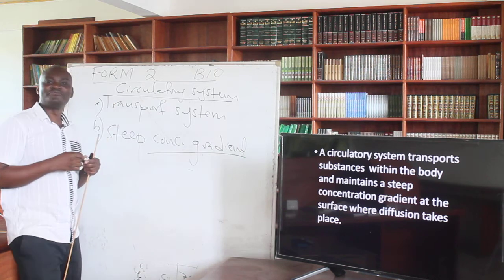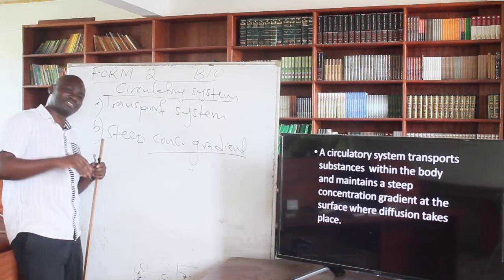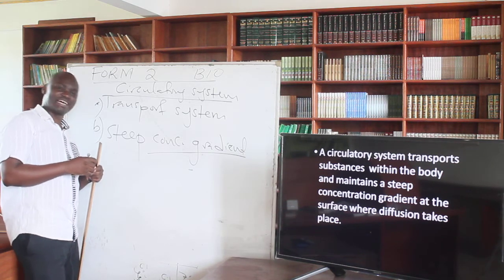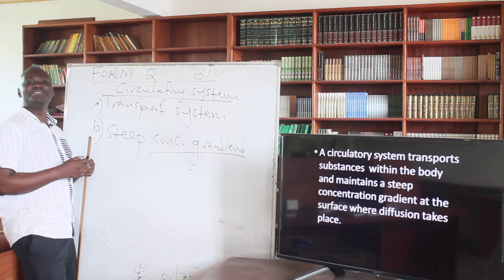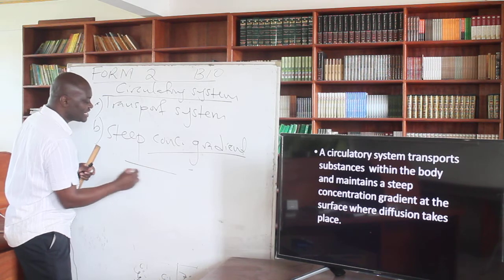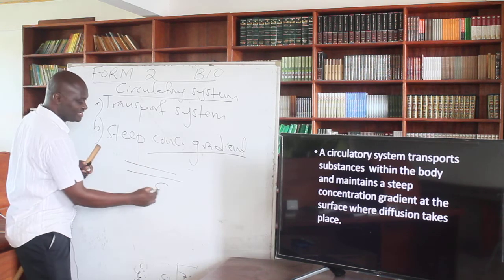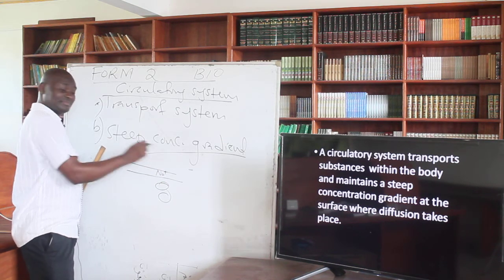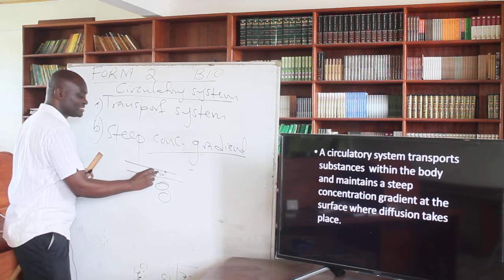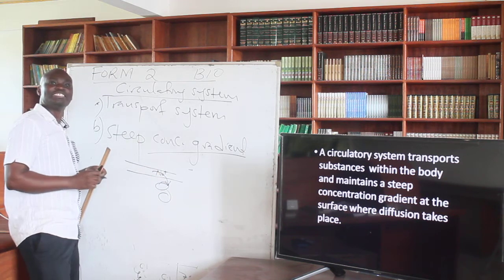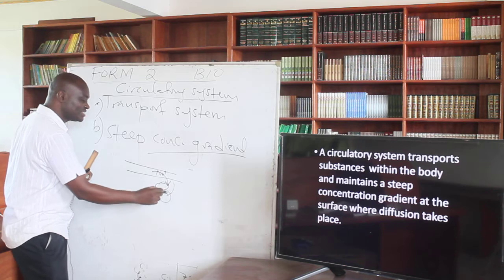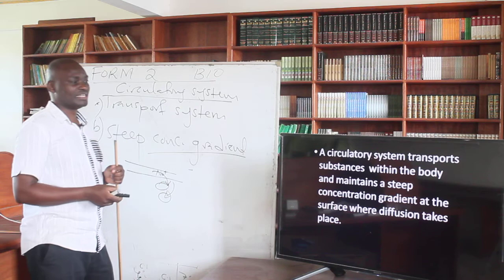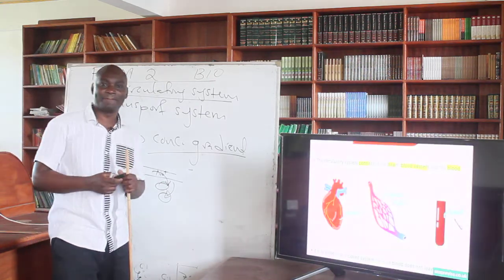Why? For substances to diffuse from one part of the body to the other. For example, when nutrients have been transported to the body cells, the muscles, then if it is sodium ions, those sodium ions must diffuse into the tissue fluid and then into the cells. Those are the two roles of a transport system.